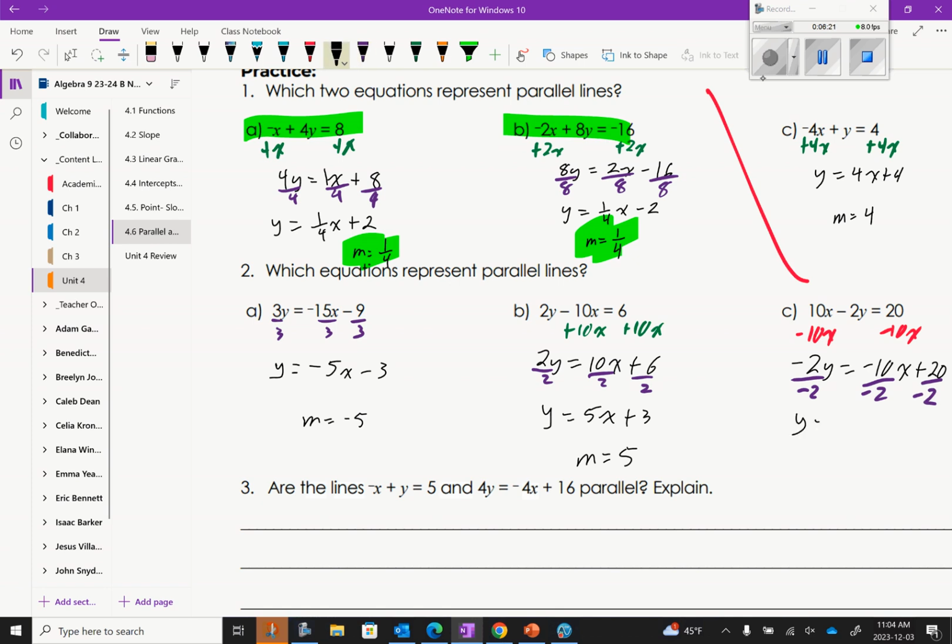So we get y is equal to negative divided by negative is positive, 10 divided by 2 is 5, positive divided by negative is negative, 20 divided by 2 is 10, so the slope here is 5. Oh, it's these last two, this one and this one are parallel because they both have a slope of 5. The first one, right number, wrong sign. That's not good enough.